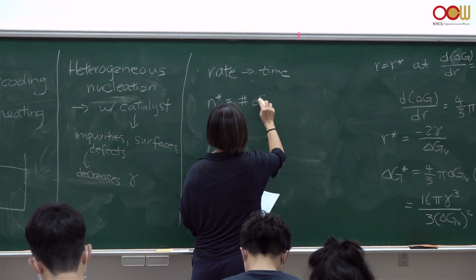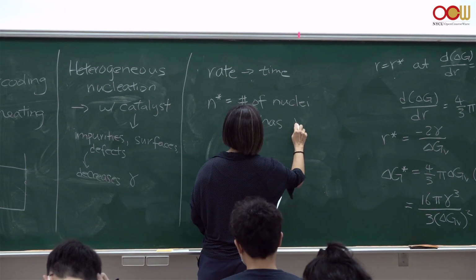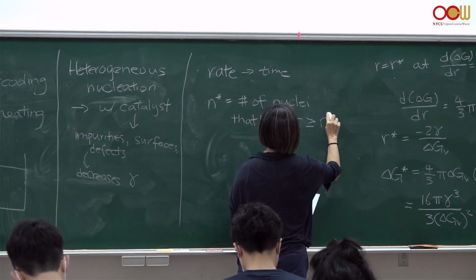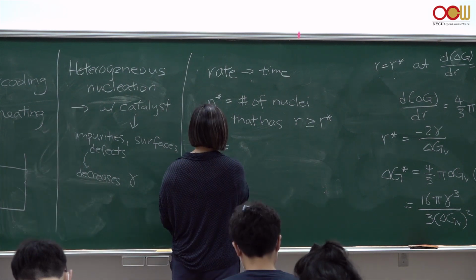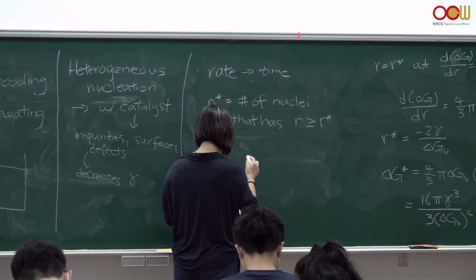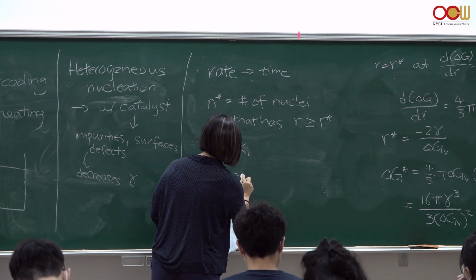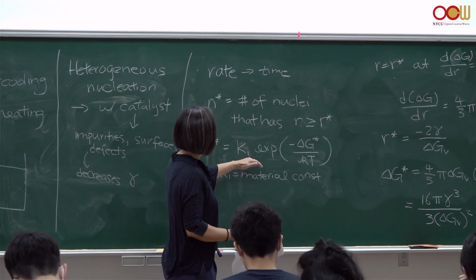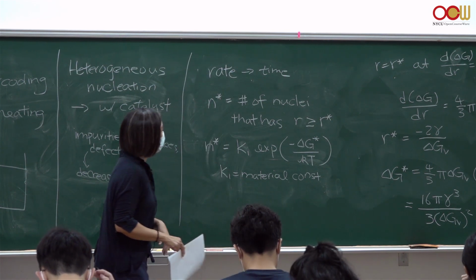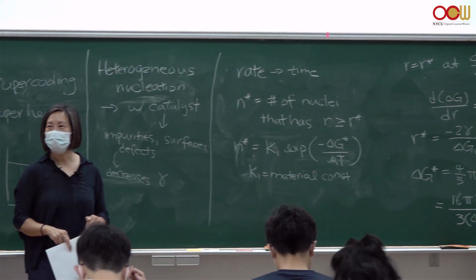So the number of nuclei that have R greater than or equal to R star, the critical nucleus size, N star, is equal to K1, which is some material constant. And so this is where our rate comes in. I don't know if you remember this equation.